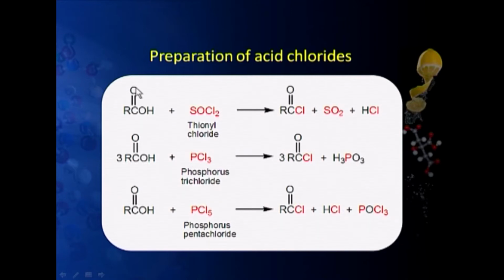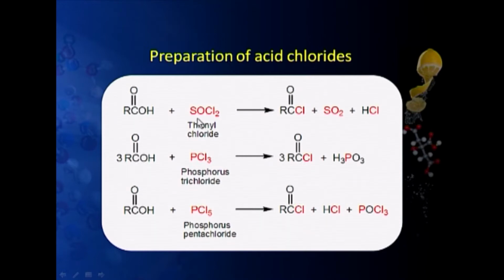Acid chlorides are obtained from carboxylic acids and the OH of the acid can be replaced using thionyl chloride, phosphorus trichloride or phosphorus pentachloride. When thionyl chloride is used, then sulfur dioxide and HCl are obtained as the products and both are gases.